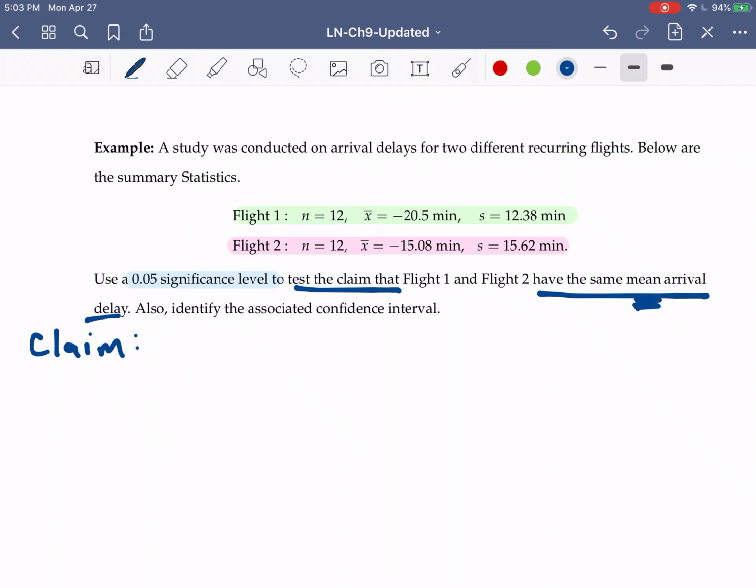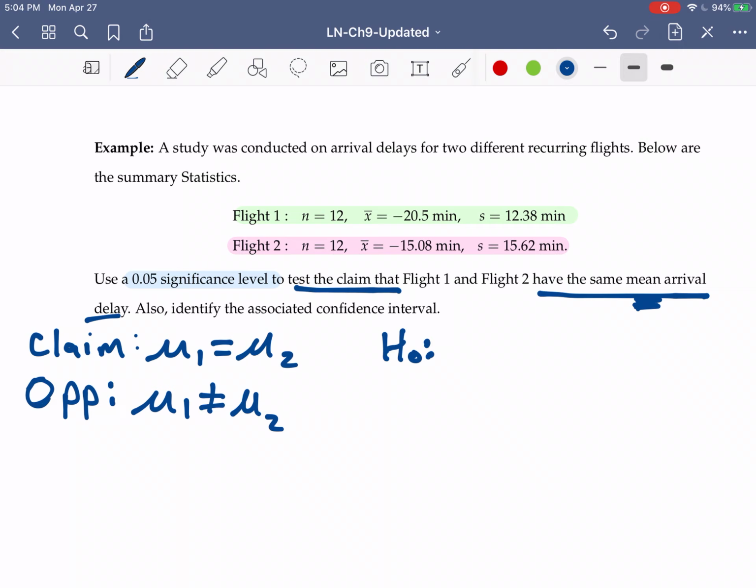It's the mean for 2 different values, and the claim is they have the same mean. If that is the claim, we then identify the opposite, which is they're not actually equal. I don't know which one is bigger, but I don't really care.